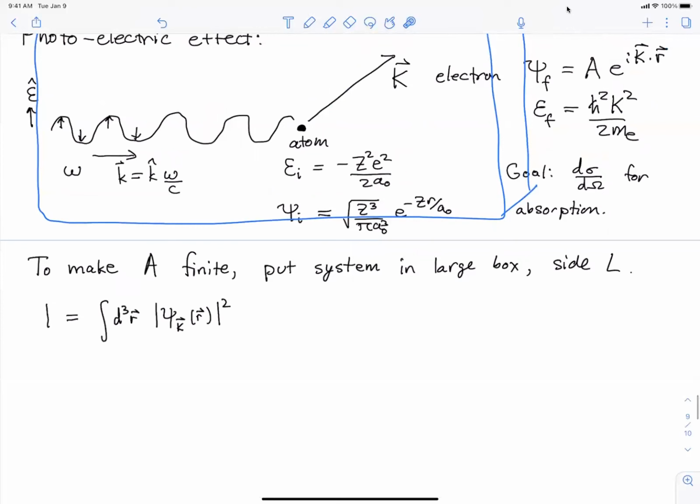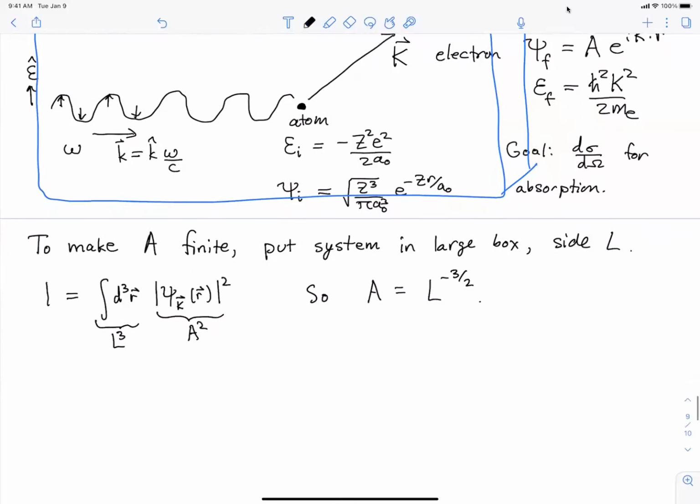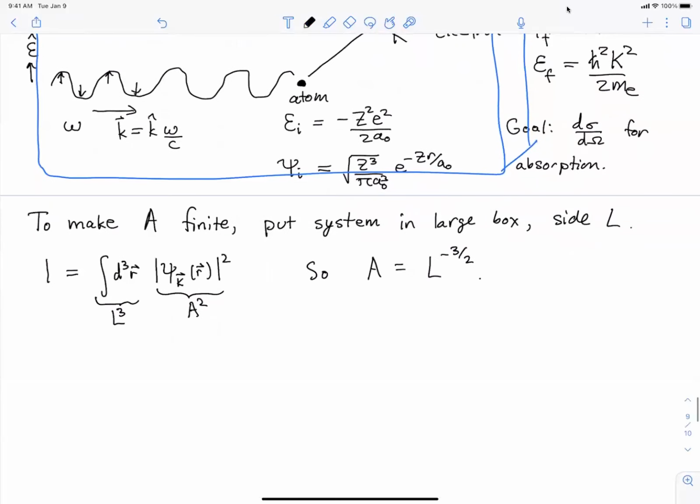But because this thing is a plane wave, that's just going to be A squared. Okay, and then that's a constant, so this is just going to be the volume of the box, which is L cubed. And so now our normalization constant is a finite number, L to the minus 3 halves. Okay, and so eventually we're going to take the box size to infinity in the limit, but we can't do that right away because the normalization would go to 0.